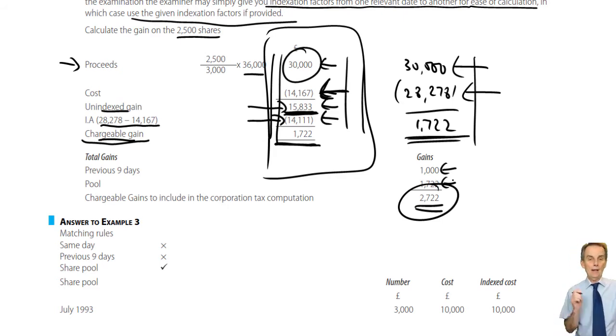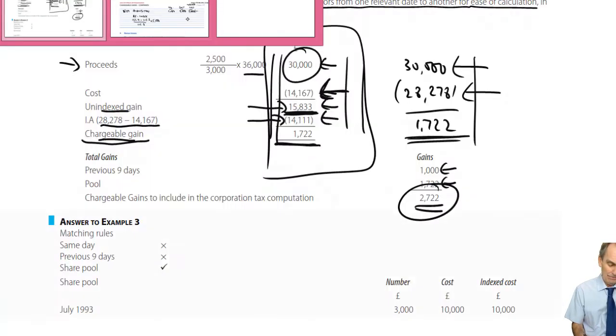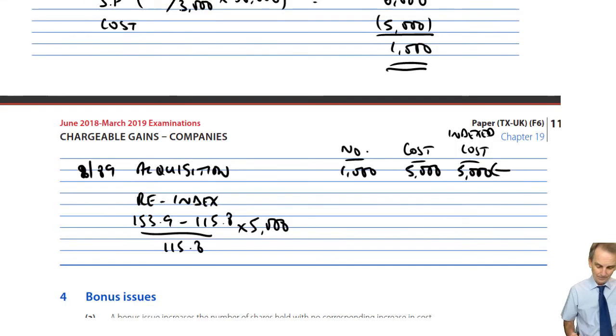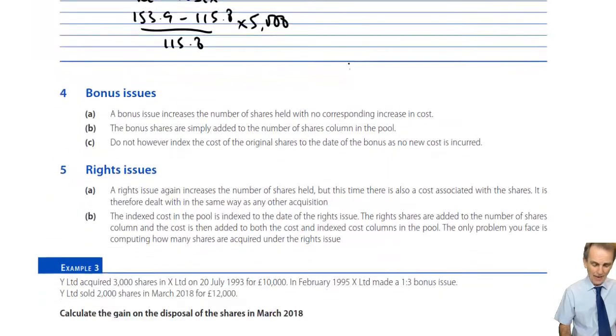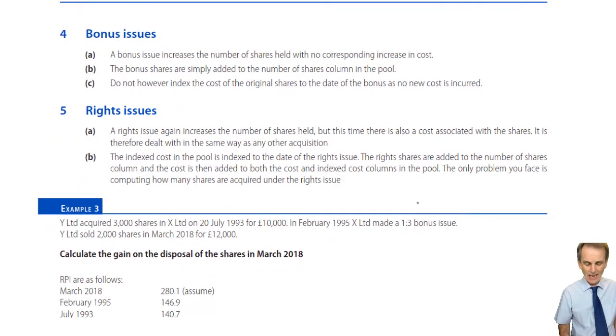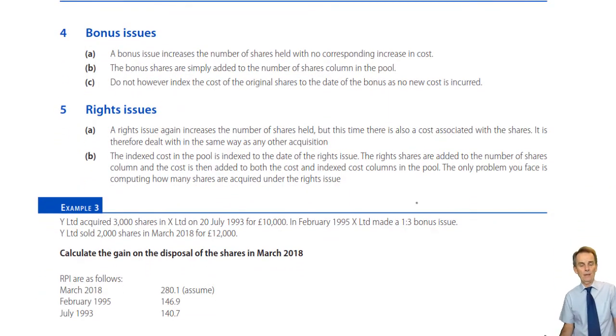Okay. That done, let's just return to our notes here and to what is the next problem. As we said at the end of last session, there is more than one way of acquiring shares in a company, other than just buying more shares from an existing shareholder in that company.